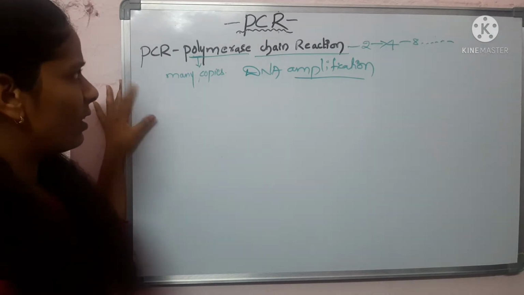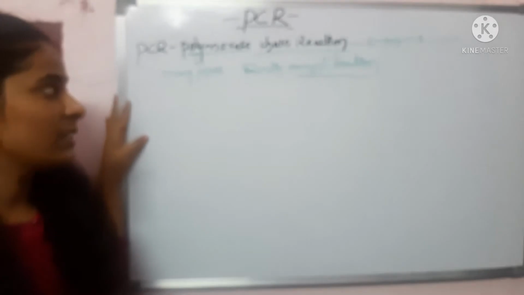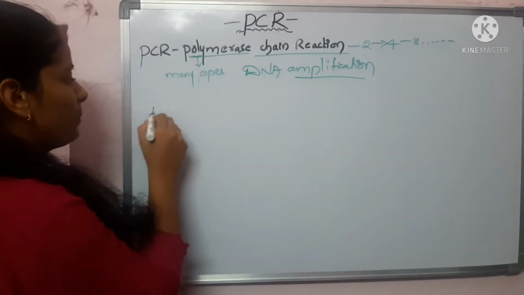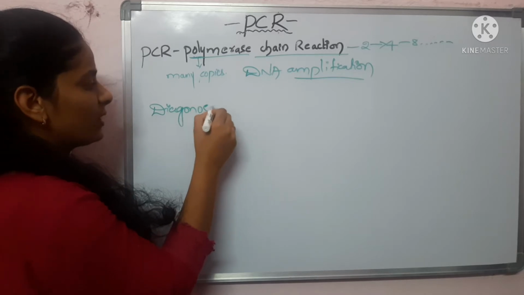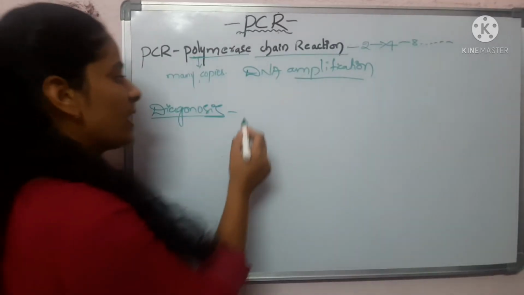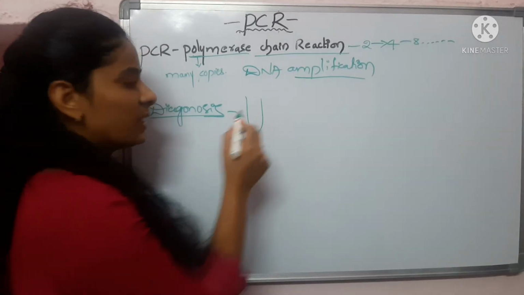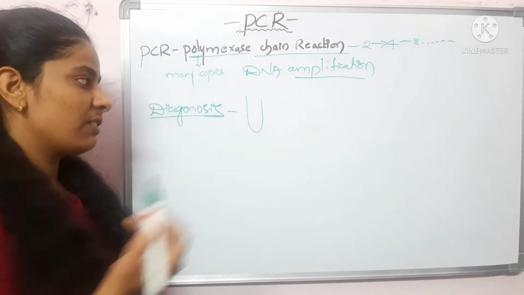So why is this PCR being used? Because this is used mainly for diagnosis purposes. To diagnose or detect disease, this PCR is used. For example, if a person is infected with some virus, we should detect the infection.